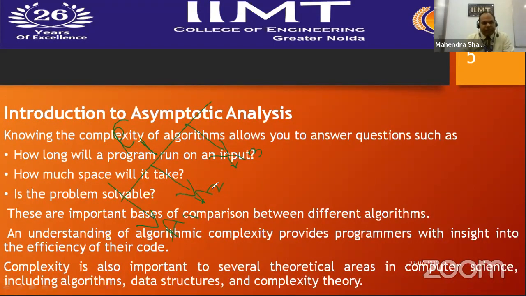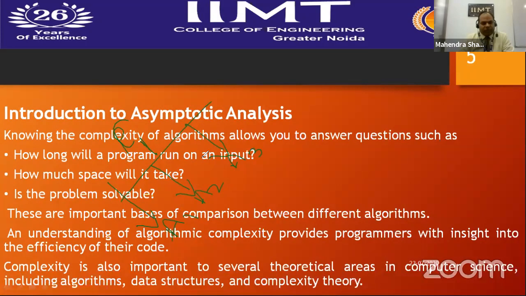So knowing the complexity of an algorithm allows you to answer questions such as how long will a program run on an input, how much space will it take, and is the problem solvable. These are the basic questions that come to mind. To answer such questions, the analysis part becomes very important.